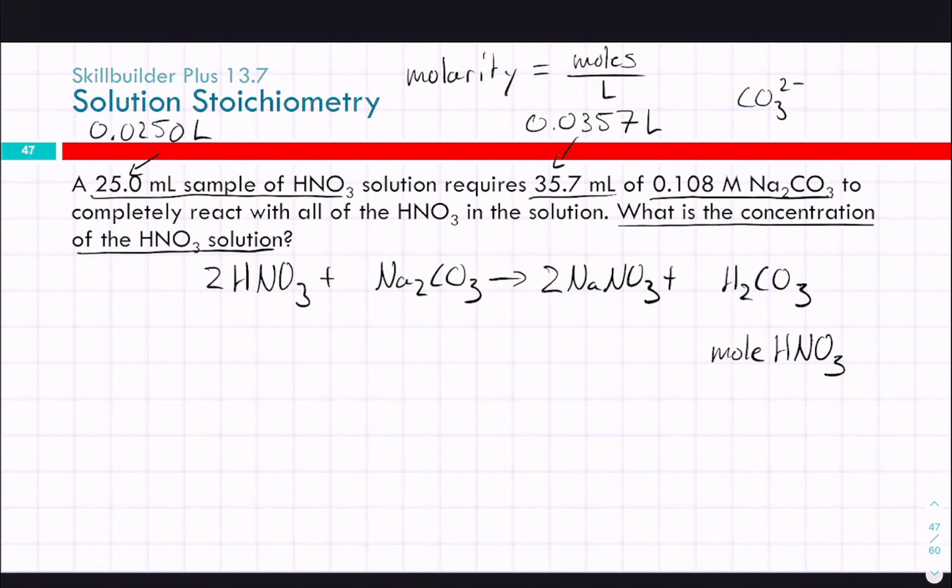So we start with, I'm going to use the converted volume here. So we're going to do it in liters.